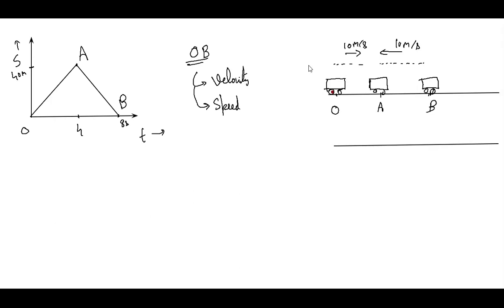So let me just draw one more diagram, and you can tell me which one is the correct one. So the car went like this up till point A. So first of all, from O to A, the car went, and then again the car came back.